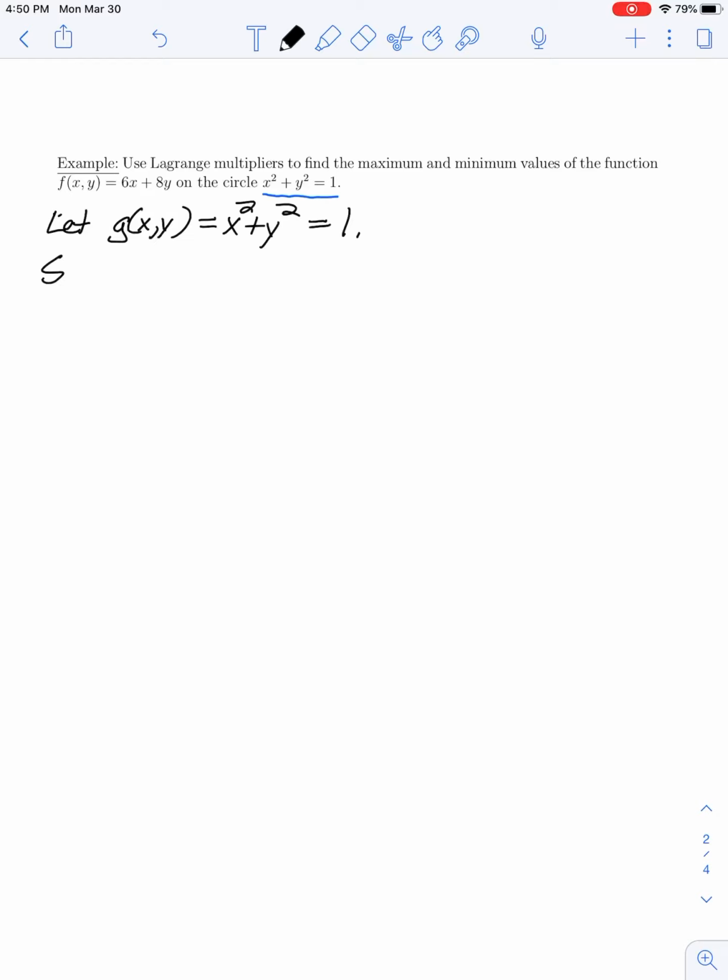Now we know for the method of Lagrange multipliers, we need to find the gradient of f and the gradient of this function g. So let's start by looking at the gradient of f. Here, the first component for grad f is going to be 6, and our second component would be 8. And the gradient of g would have a first component of 2x and a second component 2y.